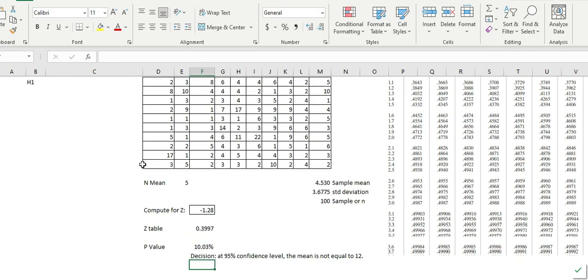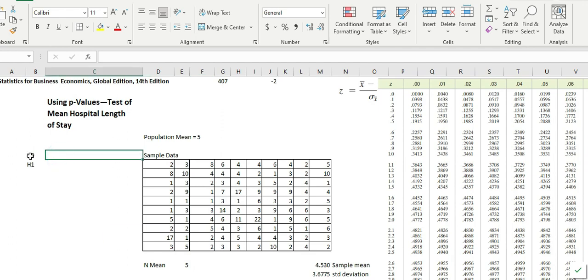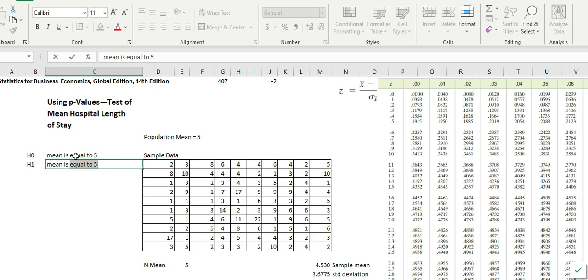We haven't set the H0. So let's say here, the mean is equal to 5, and here the mean is not equal to 5.